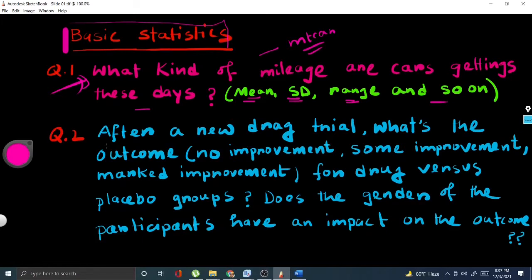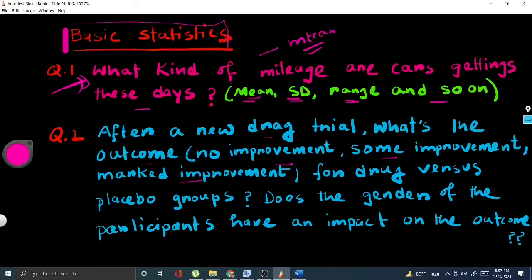All those tests cover a very big, significant portion of the statistical books, and the question that we're talking about is: after a new drug trial, what's the outcome? No improvement, some improvement, marked improvement. So let's assume that you have two groups of people, and in one group we have tested a drug, and in the other group we did not test anything.